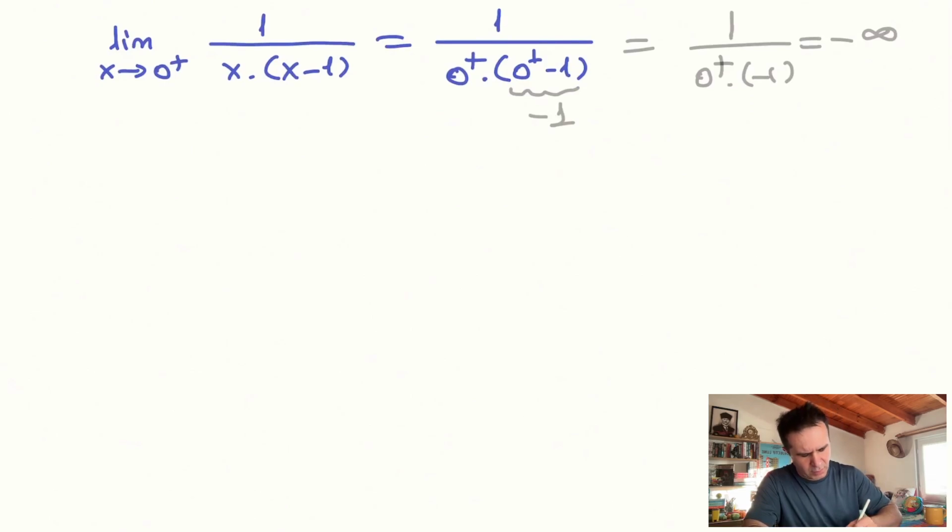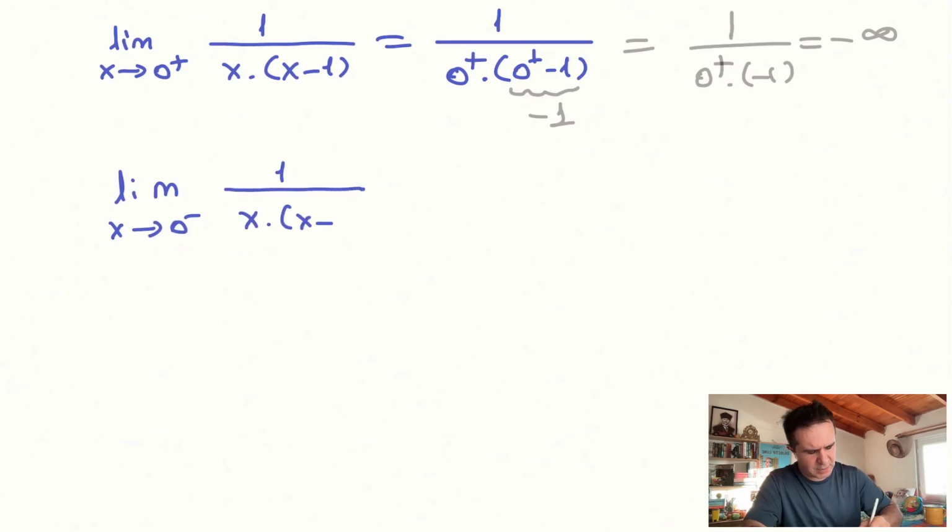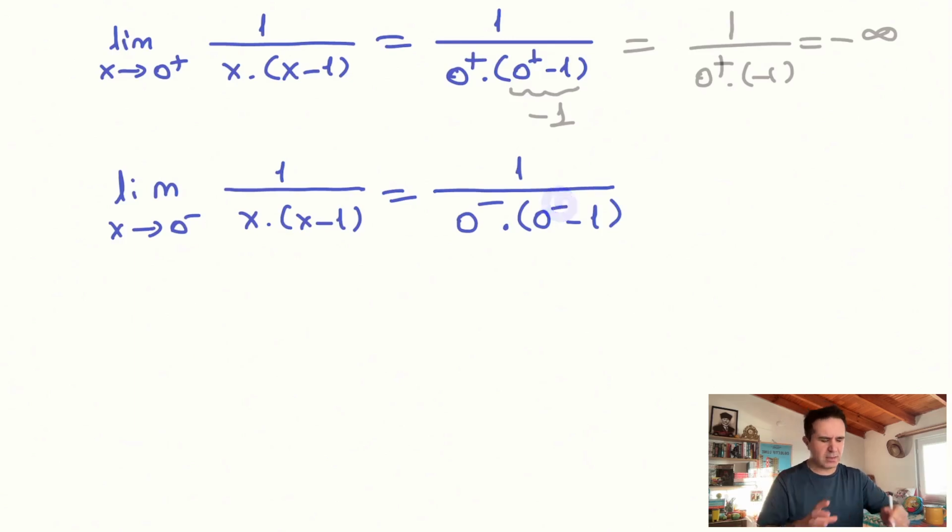Now, for the left hand side, limit as x goes to 0 from the left hand side of 1 over x times (x minus 1) will be equal to 1 over 0 minus times (0 minus minus 1). Here the minus sign is not important. 0 minus 1 is equal to minus 1. Now, we divide 1 by 0 minus.